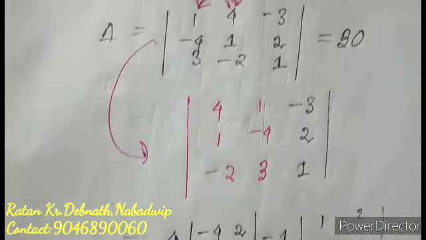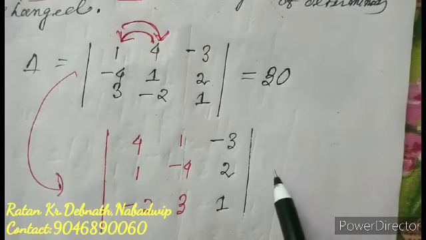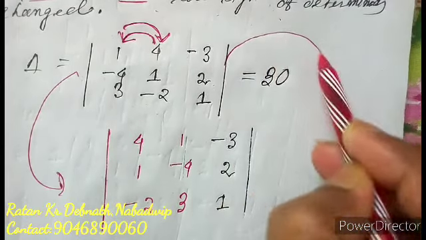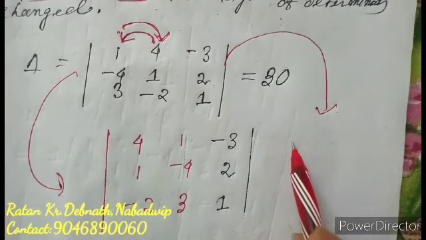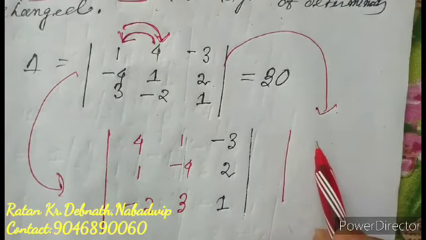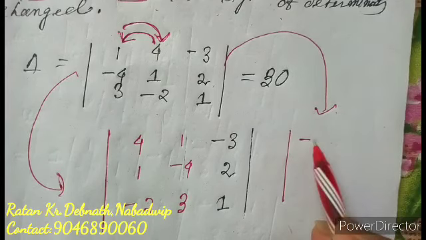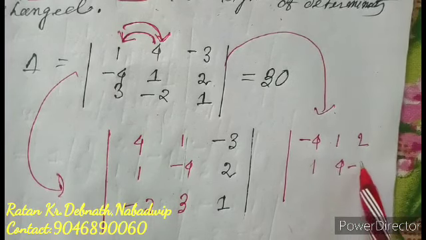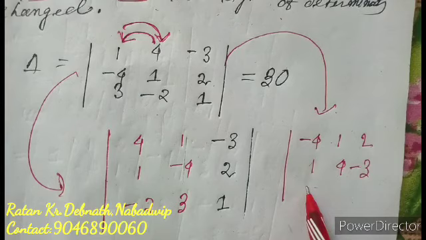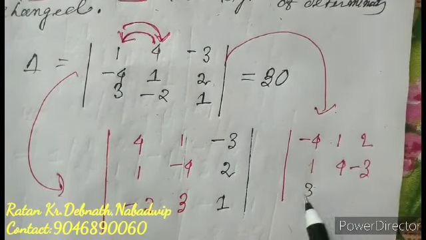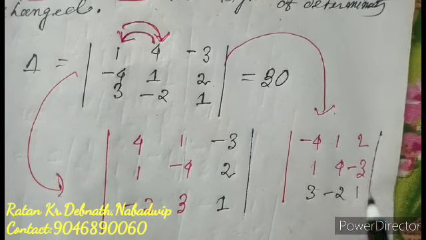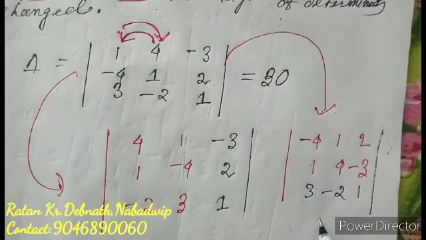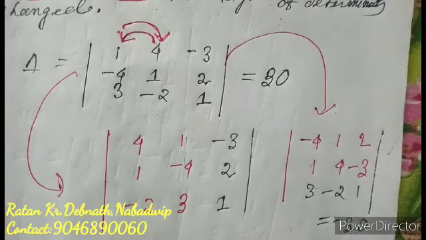If we interchange the rows, that means if we write another determinant like this, minus 4 1 2, 1 4 minus 3, and 3 minus 2 1, and if we expand this determinant we also get minus 30.